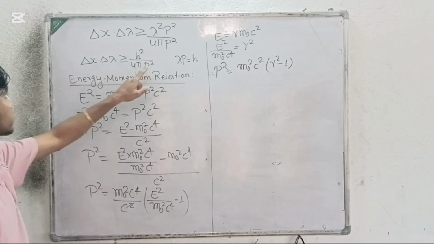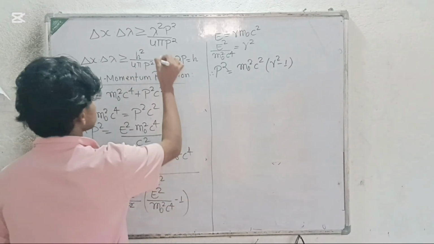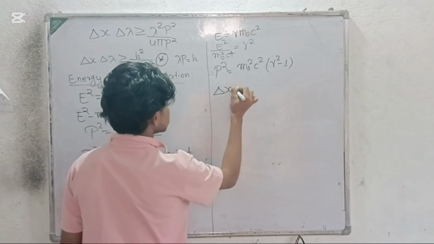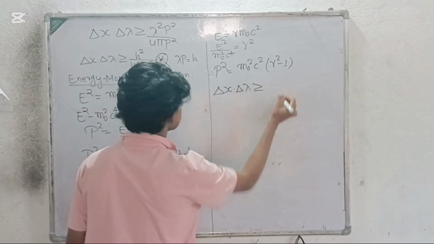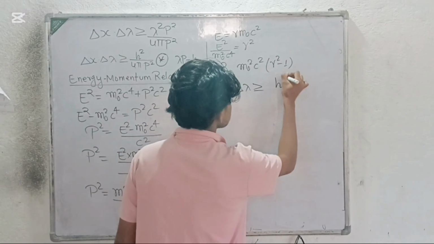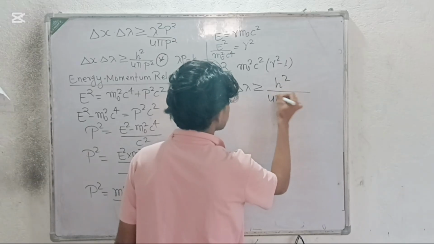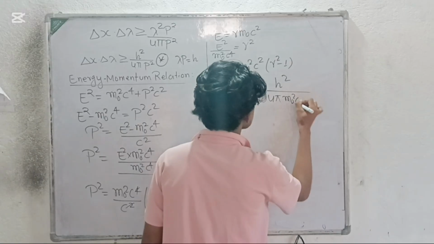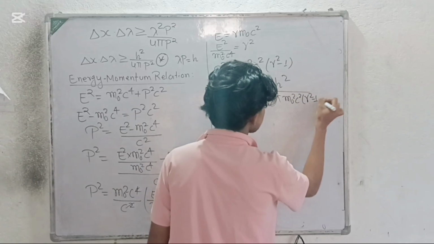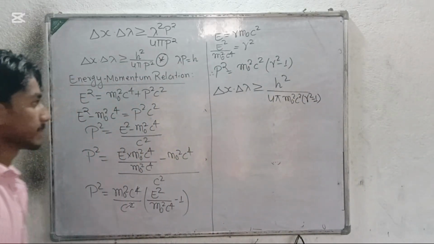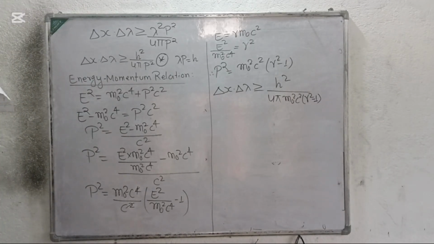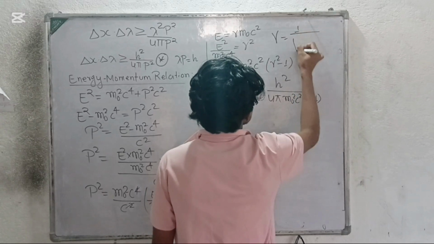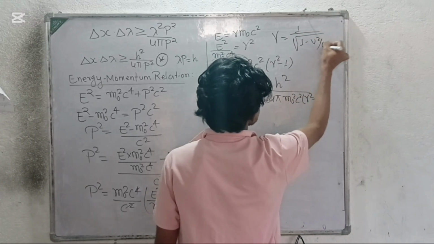So this equation becomes delta x into delta lambda is greater or equal to h squared over 4 pi, and in terms of p squared you can write m naught squared c squared (gamma squared minus 1). The gamma is 1 over the square root of 1 minus v squared over c squared.